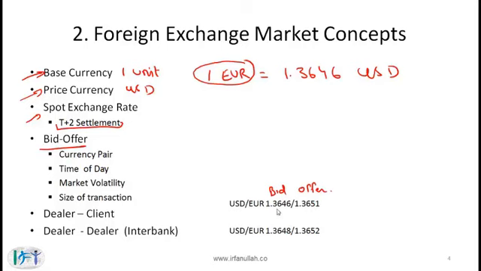So if you go to a FX dealer, in this example, the FX dealer will buy euro from you at 1.3646, and then if someone else comes to that dealer, the dealer will sell at 1.3651. This spread between the bid and the offer is how the dealer makes money.